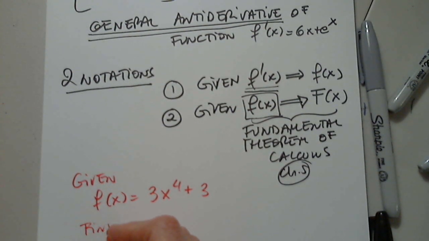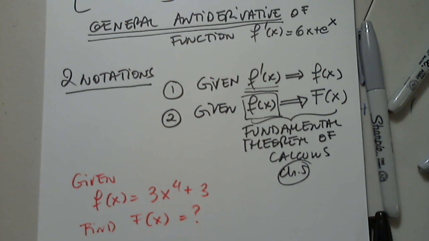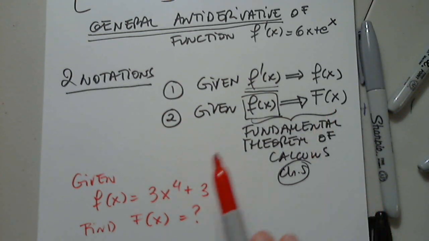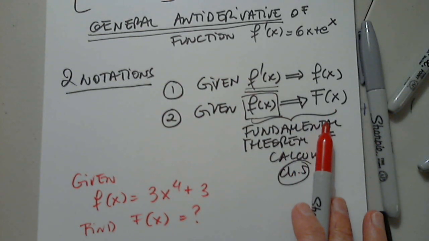Find F of x. So in other words, I'm given a function in the form of f of x, and I'm asked to find its antiderivative, the most general antiderivative.